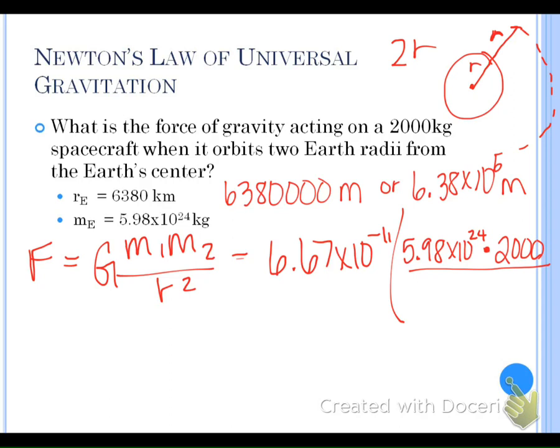For the bottom part, what do we need to do if it's 2 Earth radii from the center? We just multiply by 2. So we take 2 times 6.38 times 10 to the 6, and then we square that whole term. It's 10 to the 6th.